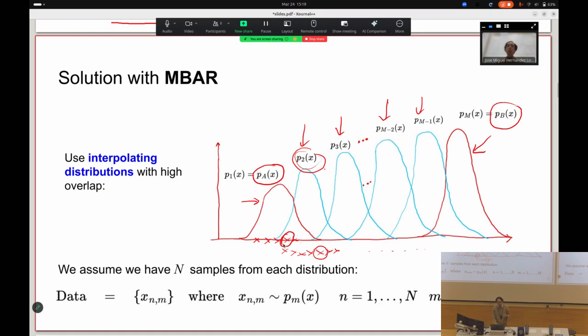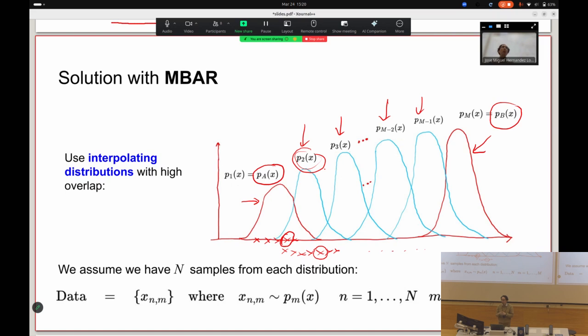So you try to learn from the samples from which distribution they came from. And the parameters that you're going to estimate are the normalization constants, the heights. So you just try to solve a classification problem. You do it by maximum likelihood. Your free parameters are the heights of the densities.